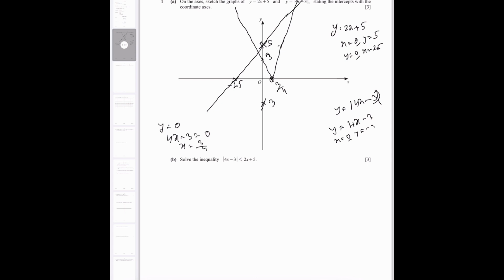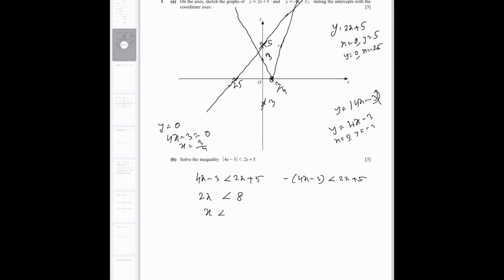Question B: solve the inequality. How to solve that? First remove the modulus sign and use positive, and for removing the modulus sign let me put a negative sign. Now it's like this equation and we can solve it. 4x subtract 2x, and 5 minus 3, that is 8.